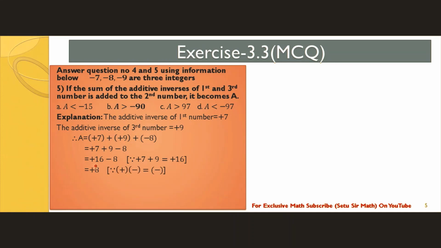And from plus 16 and minus 8, if we subtract, we will get plus 8, because plus and minus, that would be minus, and the sign will be the bigger number sign. In here bigger number is 16 and the sign of the number 16 is plus, you can see.